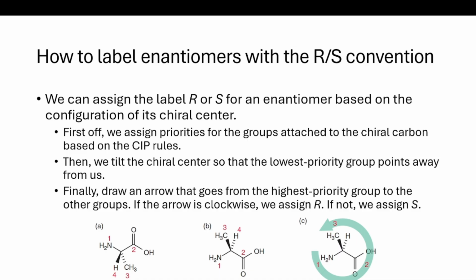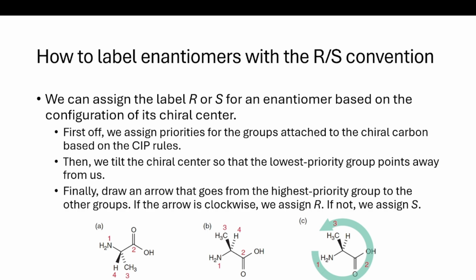Then, if you have a molecular modeling kit or molecular visualization software, look at the lowest priority group, group number 4 in this example. We want to point that group straight away from us.